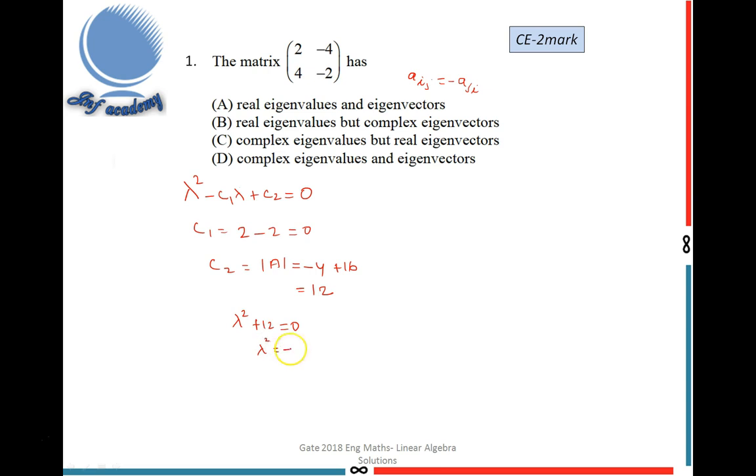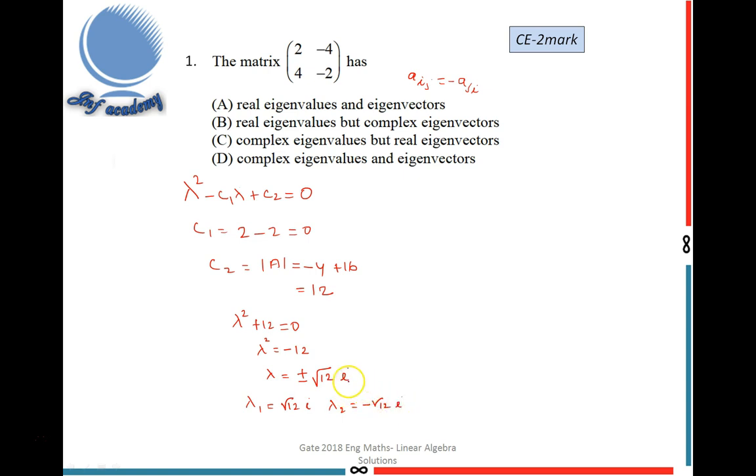Lambda square equal to minus 12. So lambda equal to plus or minus root 12 i. So the eigenvalues of the given matrix are lambda 1 equal to plus root 12 i, lambda 2 equal to minus root 12 i.